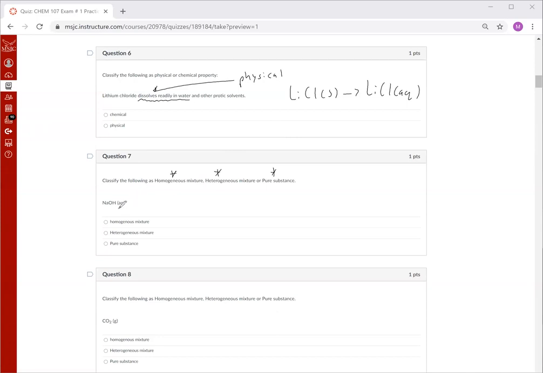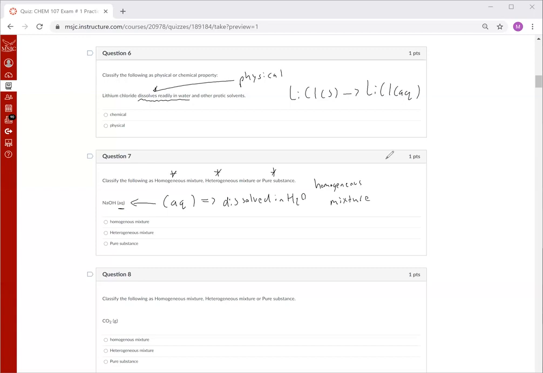We see NaOH aqueous. What does this aqueous symbol tell us? Homogeneous. Yes, it tells us it's dissolved in water, which indicates that we have a homogeneous mixture. Exactly right.